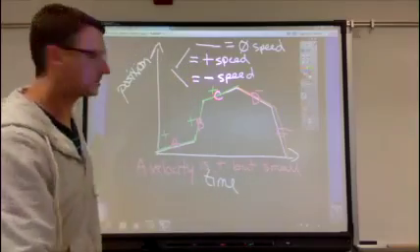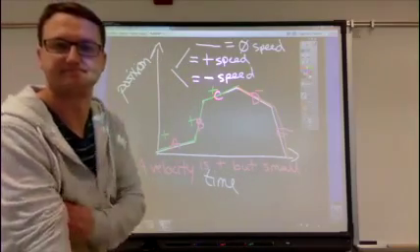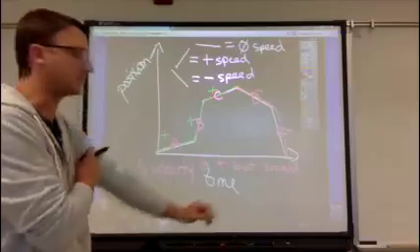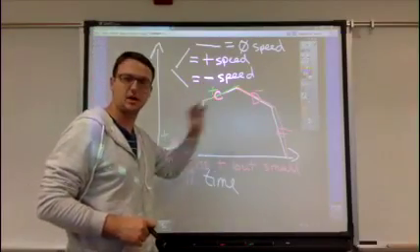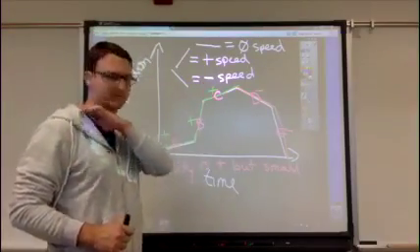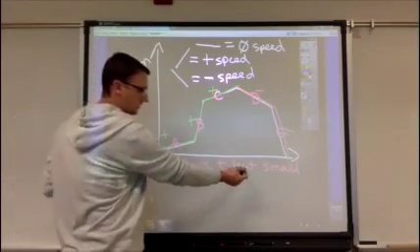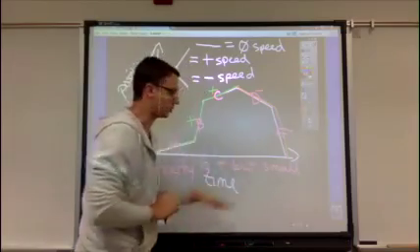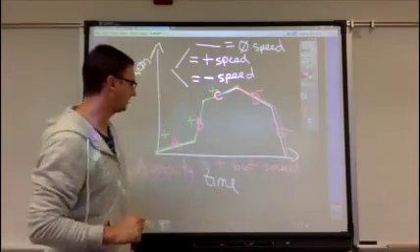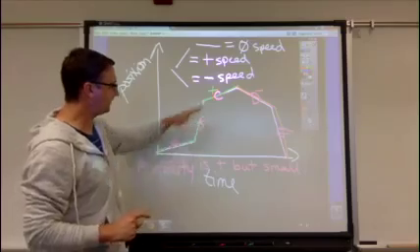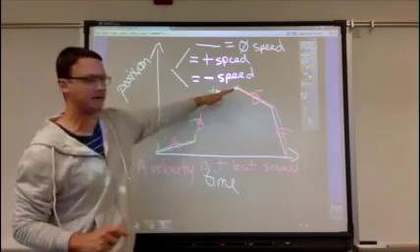What do we know about B's velocity? Since the slope is much steeper, we're going to have a greater velocity. So B would be velocity is positive but fast, or large. C and A, if you notice, are very similar in their slope.